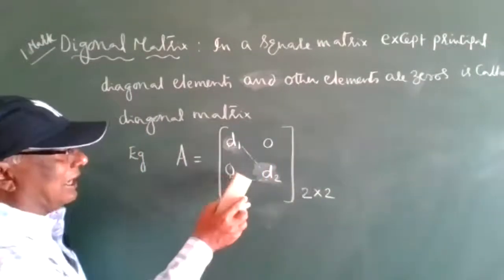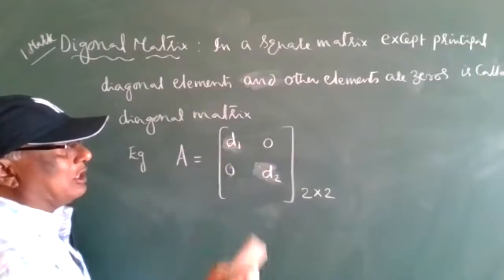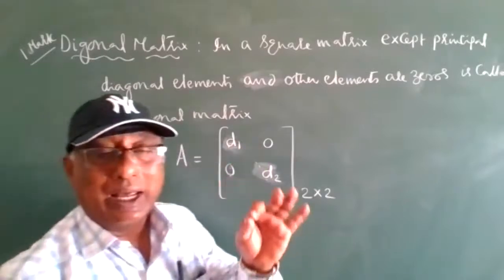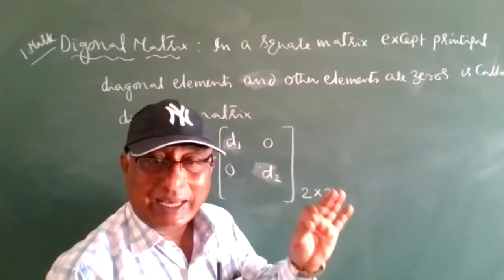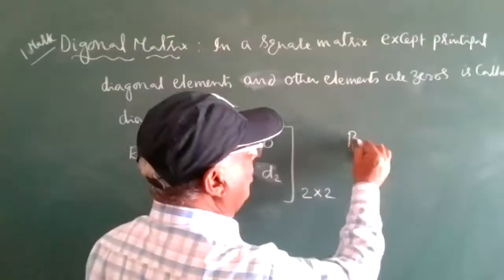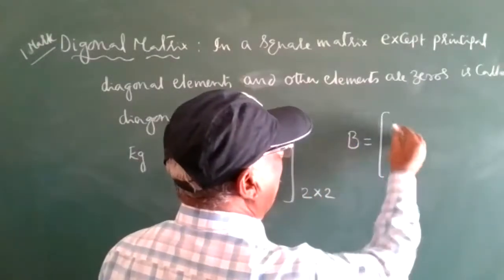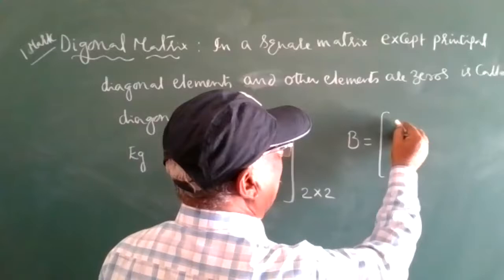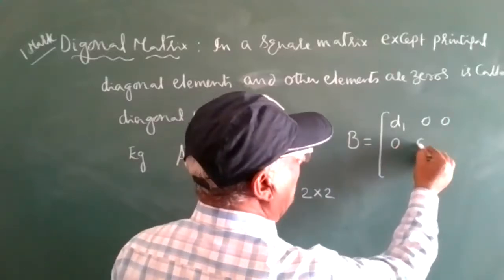Except for the principal diagonal elements, all remaining elements are zero. I will write one more 3 by 3 matrix: D1, with the remaining two zeros, then D2, then D3.